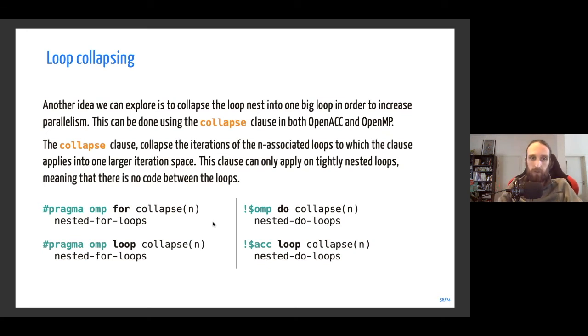The collapse clause indicates to the compiler that you want to take the next n loops and merge them into one big loop, and the compiler will take care that the indexing is still correct inside the loop. It will do the indexing for you, but it will collapse your loop nest into one.